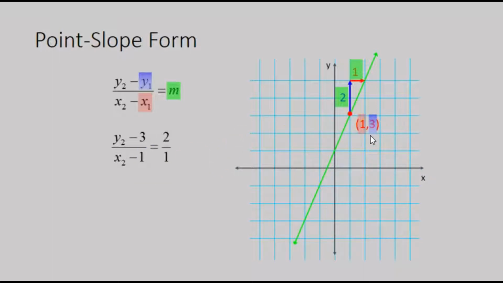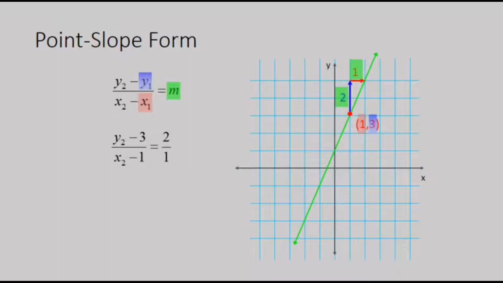And furthermore, for slope, which is rise over run, which is indicated here, a rise of 2 for every run of 1, to describe the slope or steepness of the line that we have here, we have a ratio of 2 over 1 for slope.